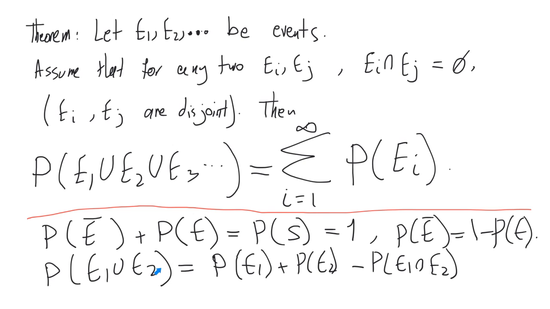That the probability of the union is the probability of E1 plus E2 minus the probability of the intersection. To deduce this formula from the above theorem, we should write the union of E1 and E2 as a union of disjoint sets.